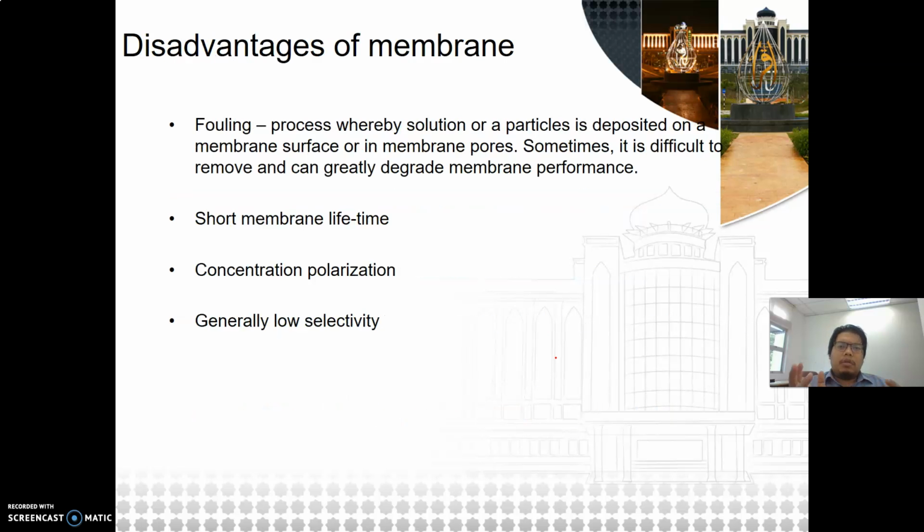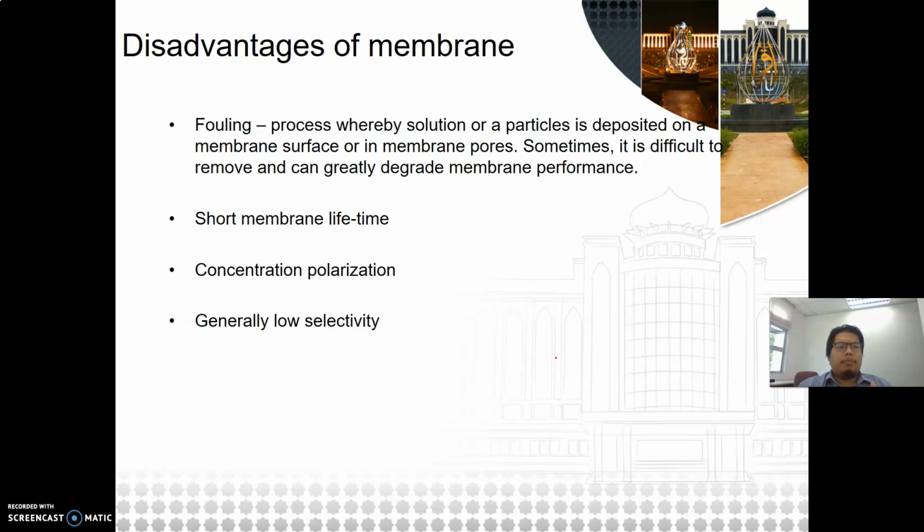However, we also have disadvantages of the membrane, such as fouling. If we have a fouling issue, sometimes this fouling is very difficult to remove, and it will reduce the membrane performance.